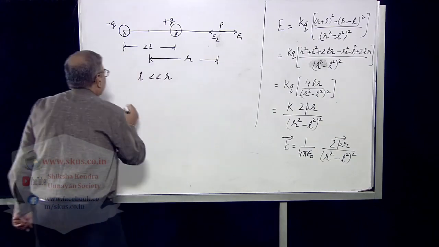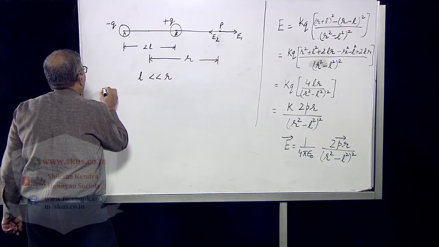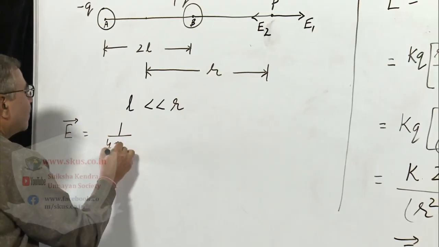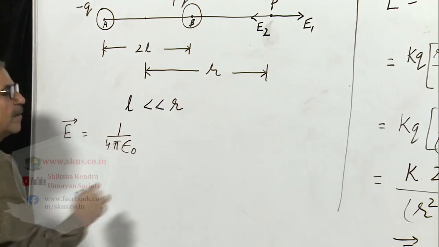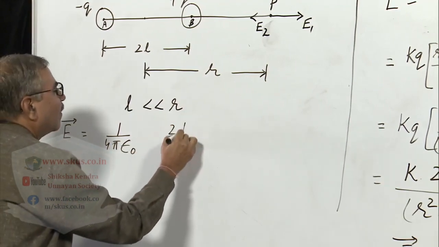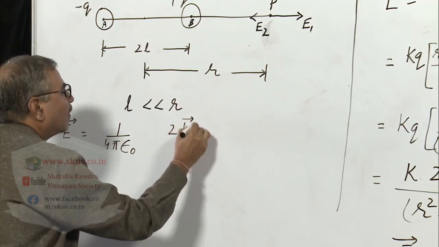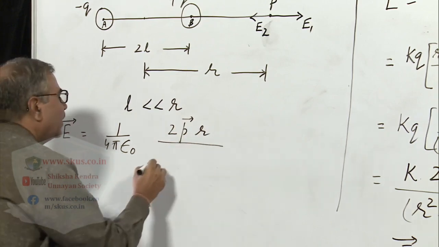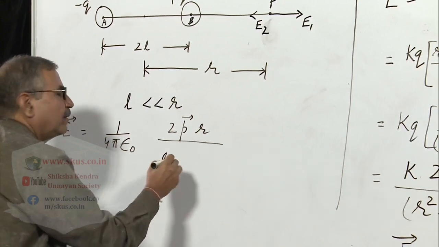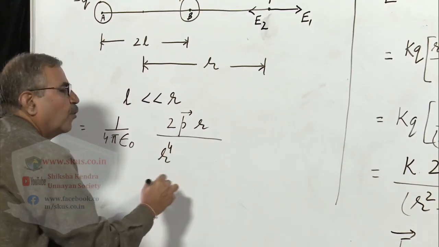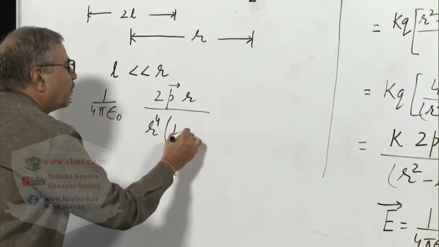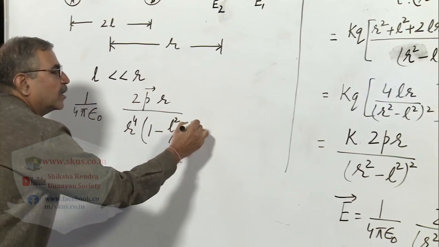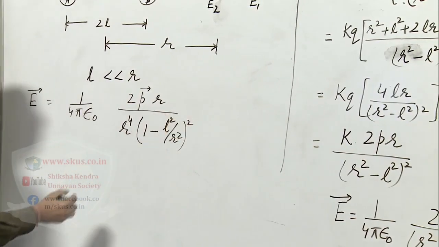In that situation, E will be equal to 1 upon 4 pi epsilon naught 2pr, dividing and multiplying by r square. So, it will be r raised to power 4 into (1 minus L square upon r square) whole square.